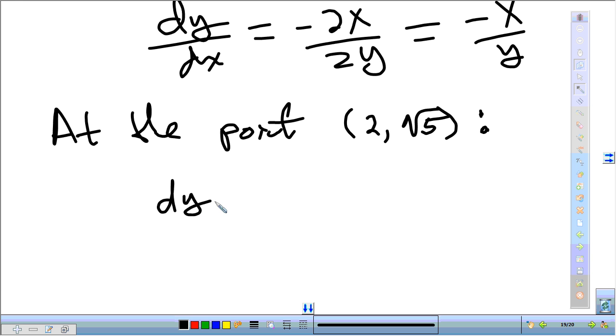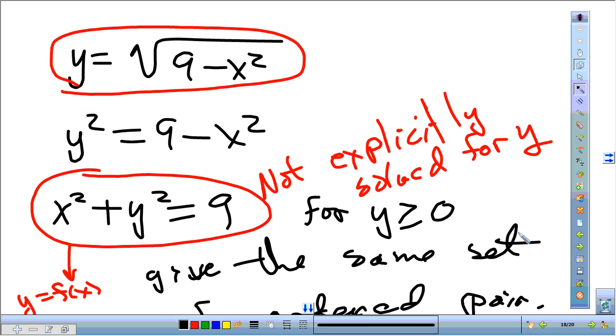Then the derivative would be minus 2 over the square root of 5. In this case, we could have done everything from the explicit form. But it was kind of nice that we didn't have very complicated derivatives here. Here we would have the chain rule with the square root and other things and end up in the same place, though.